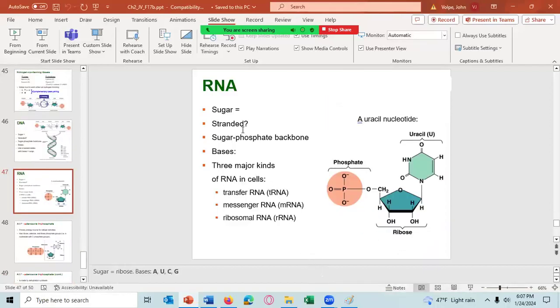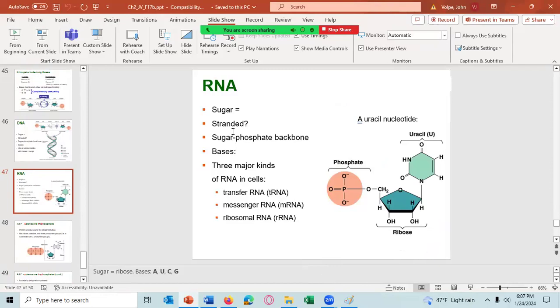RNA has a similar sugar as DNA. It's not deoxyribose, it is ribose. And the only difference is ribose has an extra OH group. In deoxyribose, we're missing one OH group and there's just a hydrogen there.